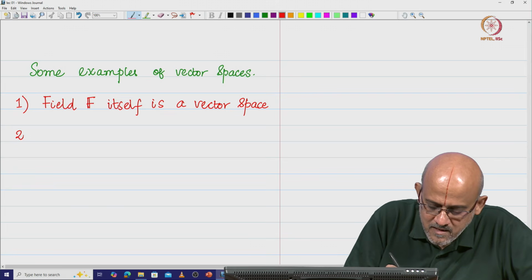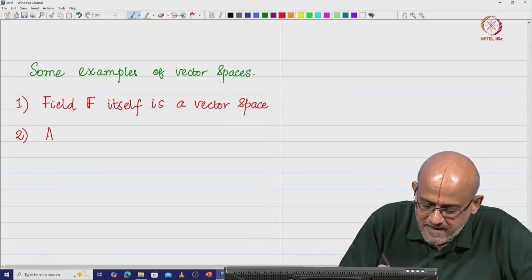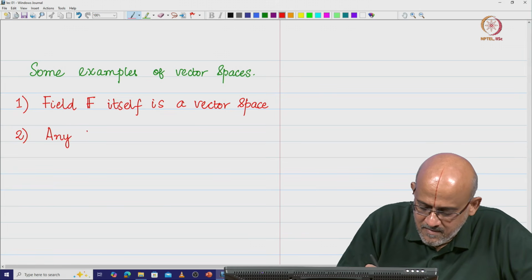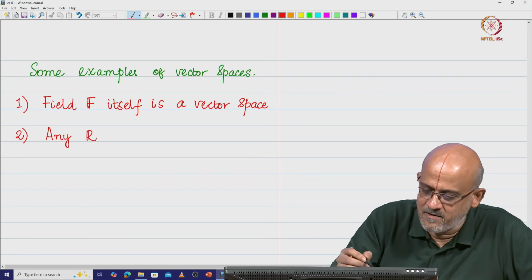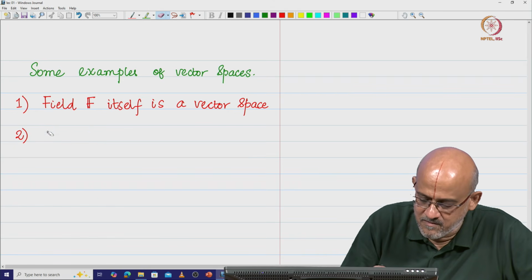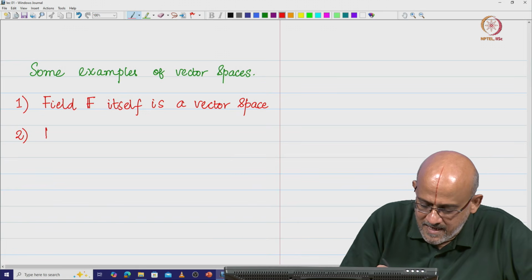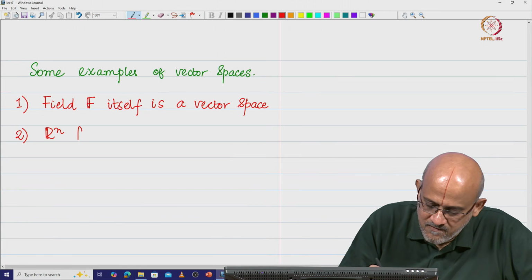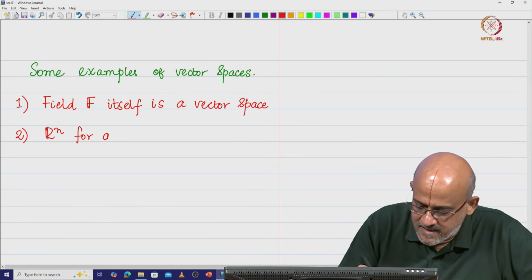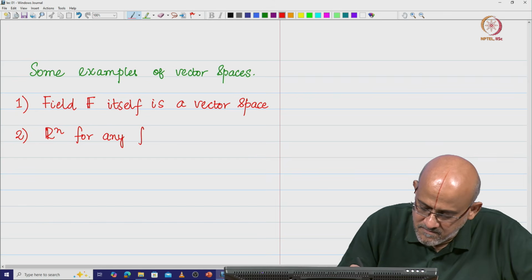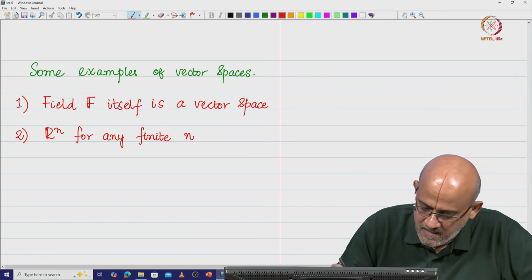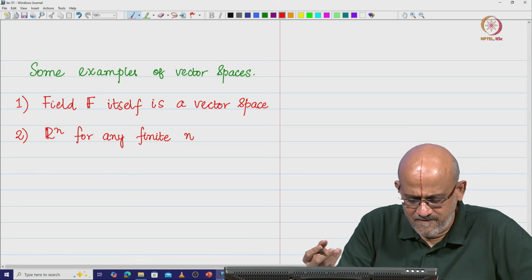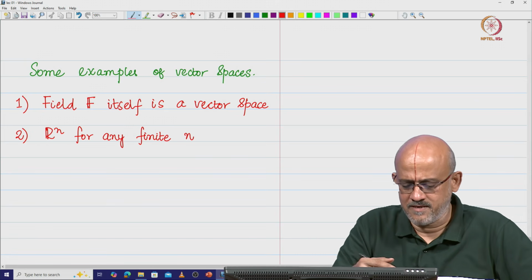Then the second one: Rn for any n, let me put it that way. Rn for any finite n, and in fact you could also have countably infinite n.